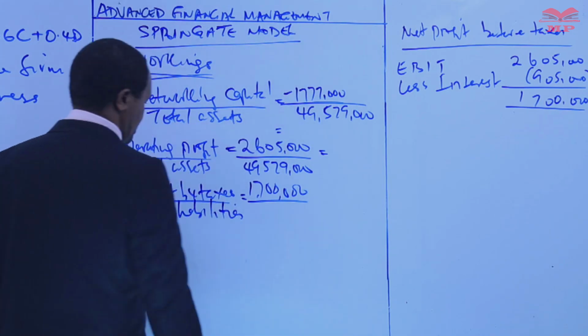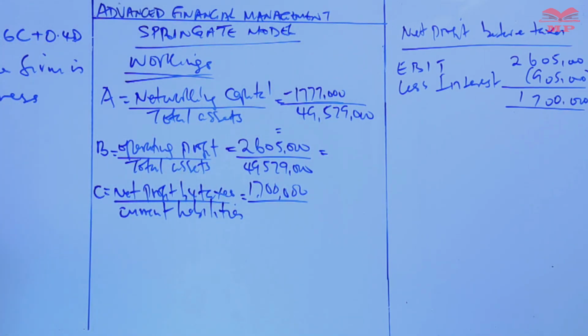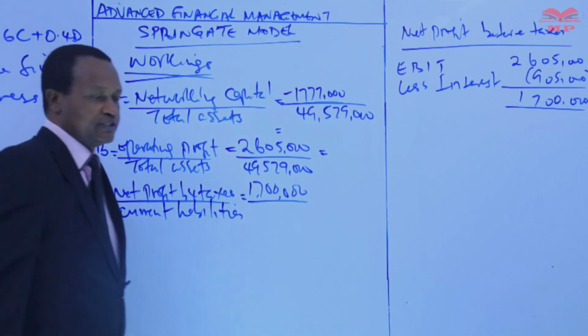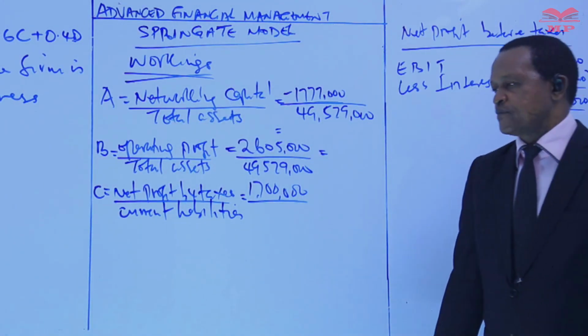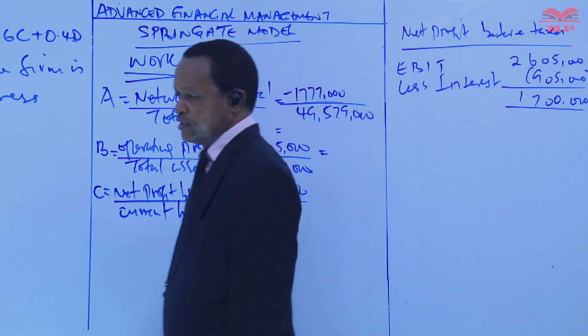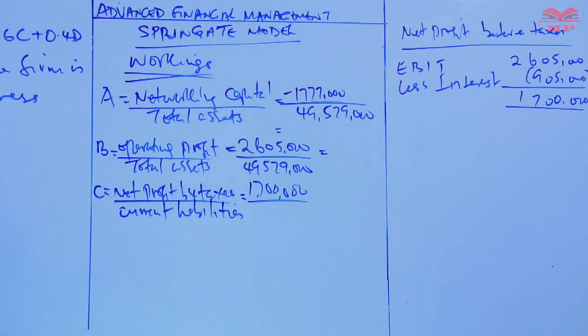divided by current liabilities. We have current liabilities. Yes, we have additional information on current liabilities.